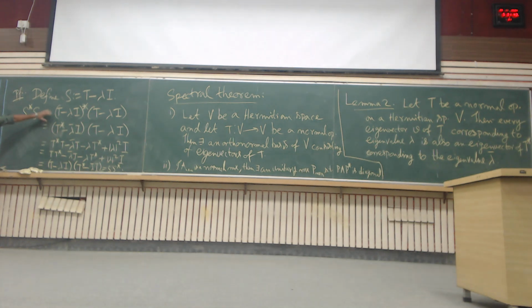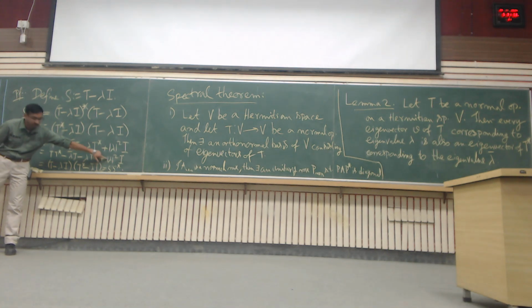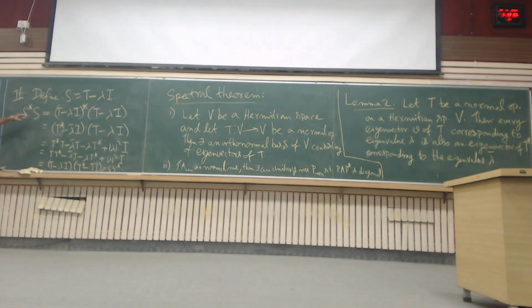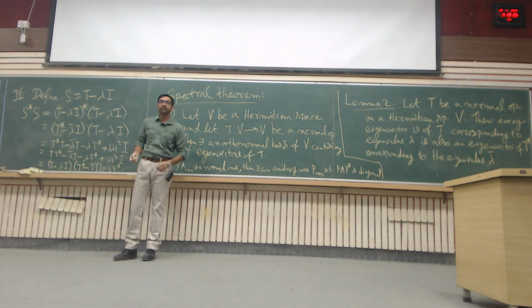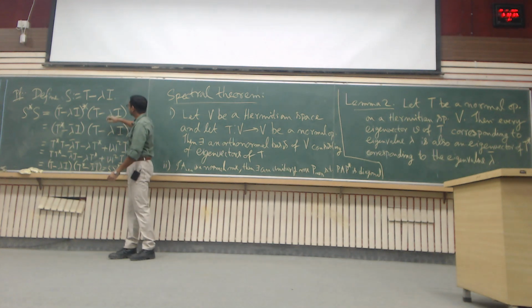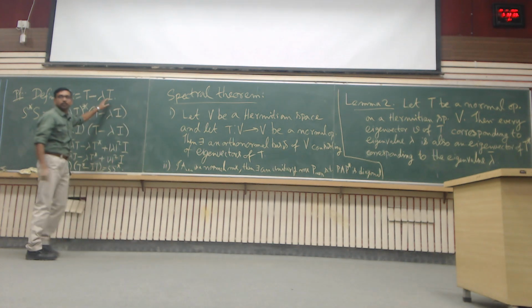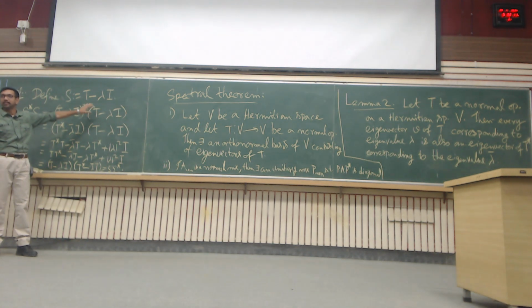If you just multiply this, you will see that T T star is here, lambda T star is here, lambda bar T is here, and then the product of these is just this one. So indeed, if you define it in this manner, it is a normal operator. Here, of course, I is the identity operator on the vector space. I hope it is clear from the notation.